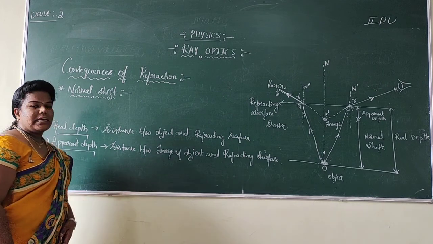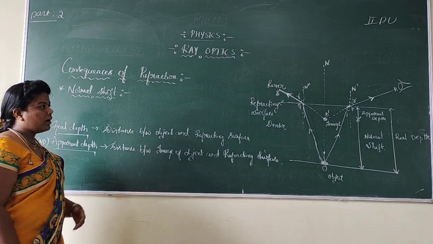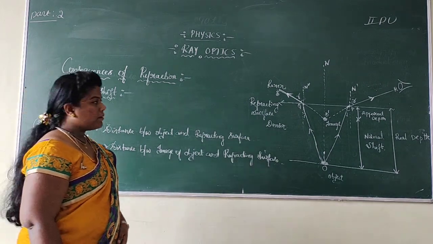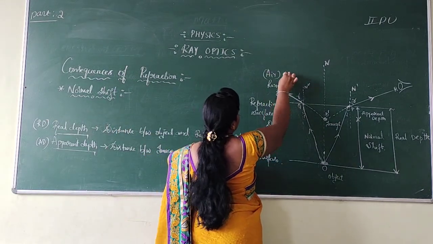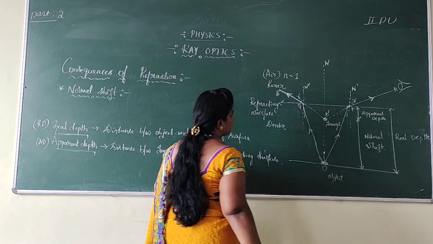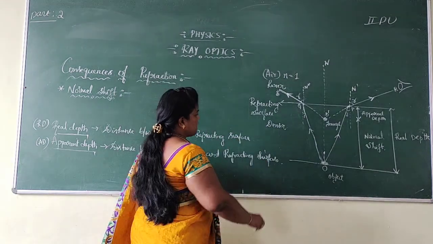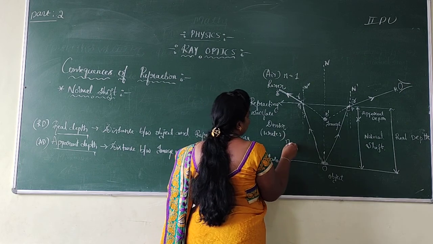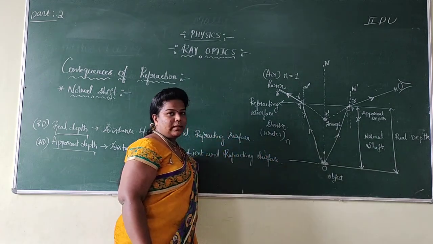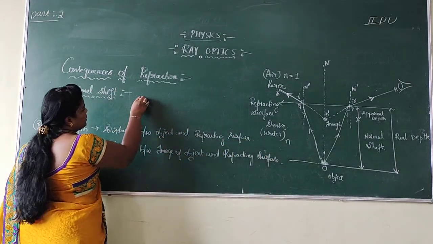My dear students, we can even write the formula for the refractive index. Consider this one as a rarer medium with the refractive index n equal to 1, and suppose I consider this denser medium as a water medium with the refractive index n. Then how do we write the refractive index?